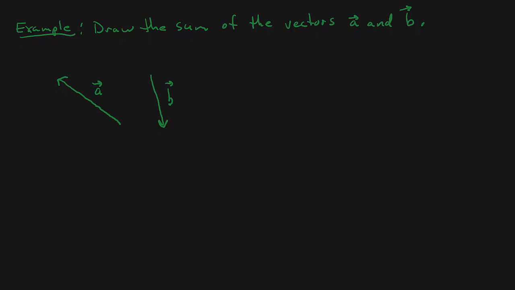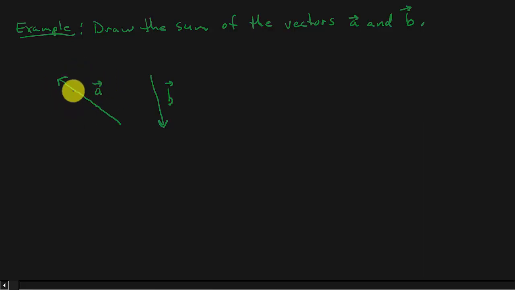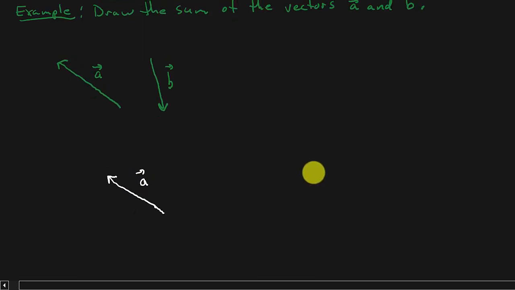So we have vector A right here, and I'm going to draw vector A. It may not look like it's going in the same direction or the same length, but it is. Now, what does it say to do?